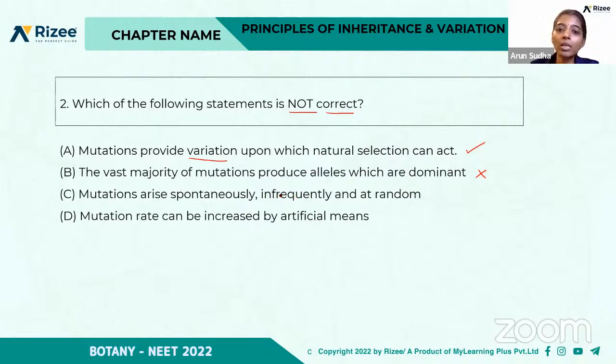They occur spontaneously and at random. Mutation rate can be increased by artificial means. So these are all correct statements. Only B is the wrong statement, because the vast majority of mutations produce alleles which are dominant is the wrong answer. So it is an incorrect statement.